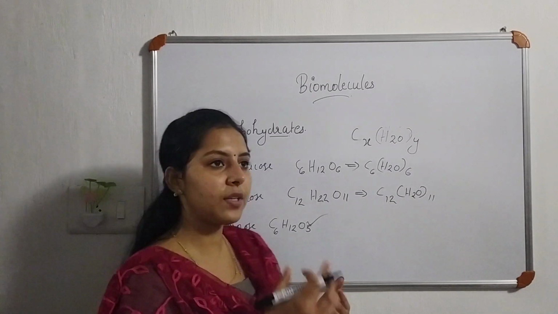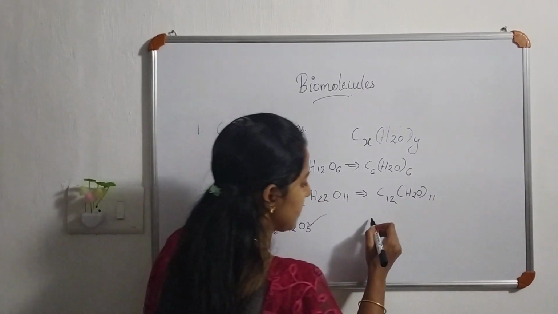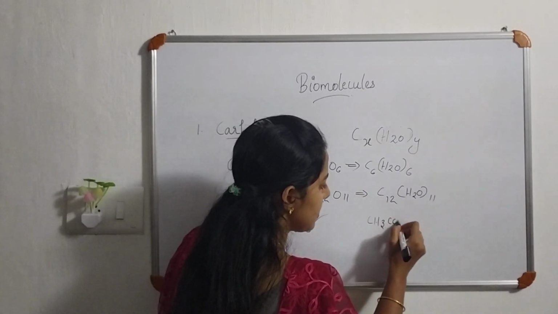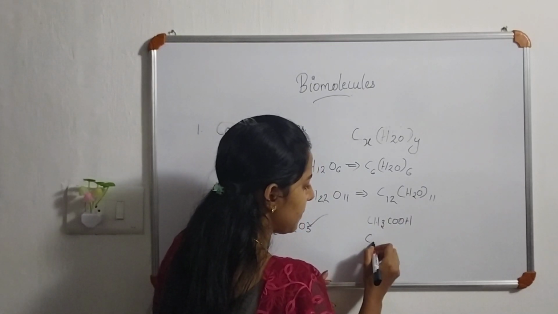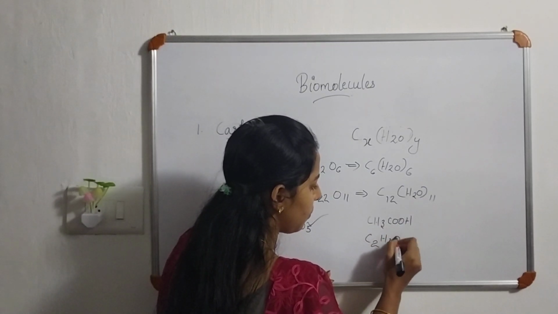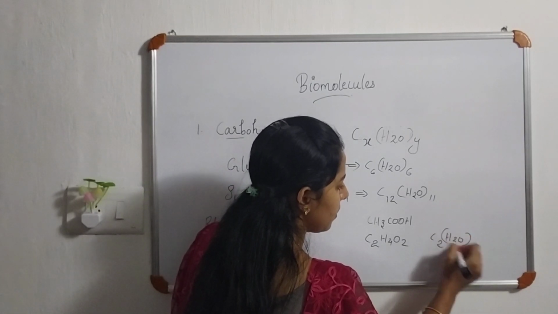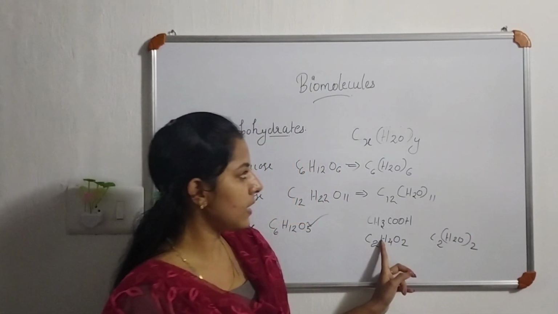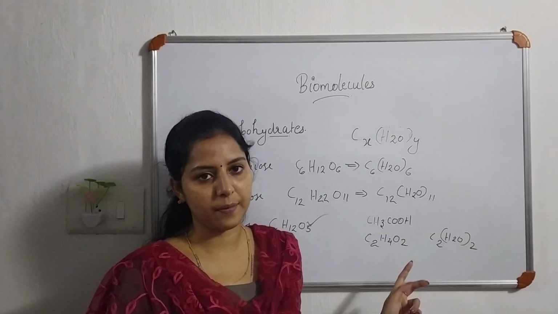Moreover, some compounds which are not carbohydrates correspond to this formula. For example, acetic acid, CH3COOH, whose chemical formula is C2H4O2, that is C2(H2O)2. So acetic acid corresponds to this carbohydrate formula, but it is not a carbohydrate.